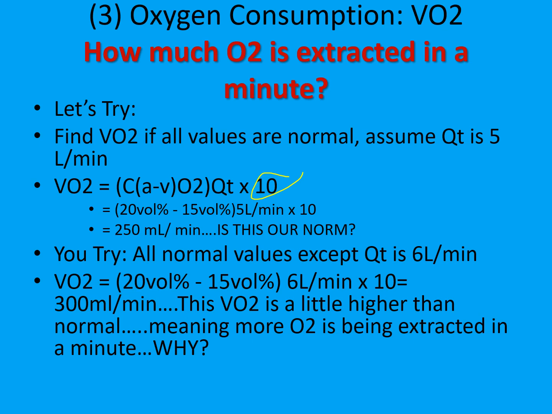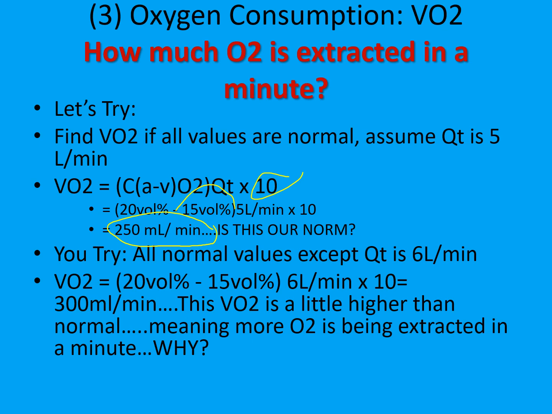So 5 volumes percent times 5. What's 5 times 5? 25, and then when you multiply anything by 10, you're just adding a 0 to the end of it. So that means our consumption is 250 mLs of oxygen per minute.